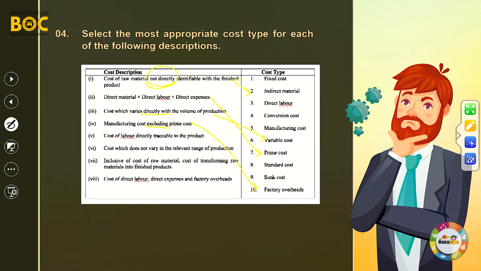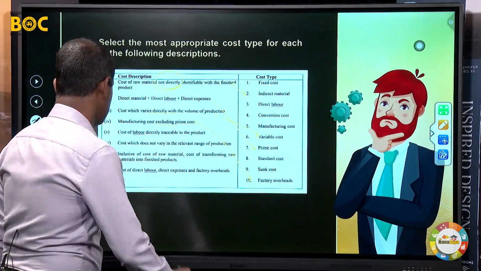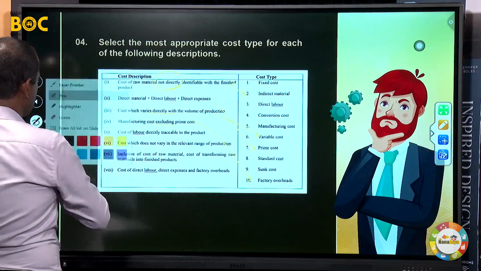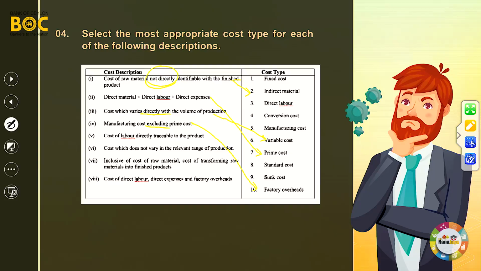Number 5: cost of direct labor, directly traceable, directly identifiable to a product. The cost of direct labor directly identifiable to a product we call direct labor cost. Traceable means identifiable to a product.